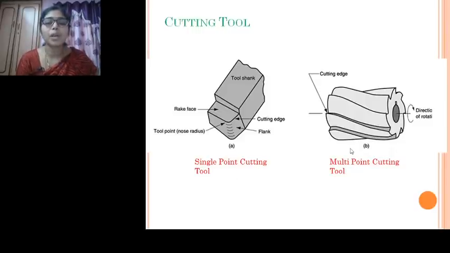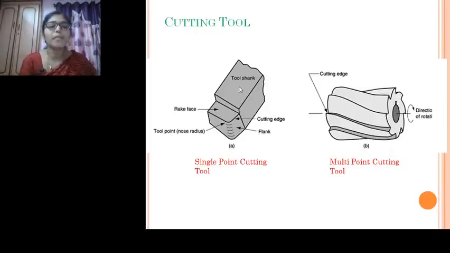Whereas a multi-point cutting tool has multiple cutting edges. During machining, the number of cutting edges participating will be more than one, more than two, and that is called a multi-point cutting tool.